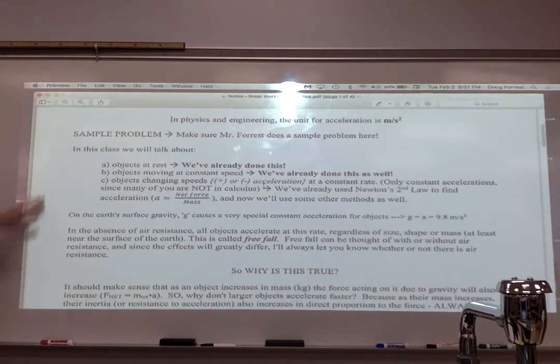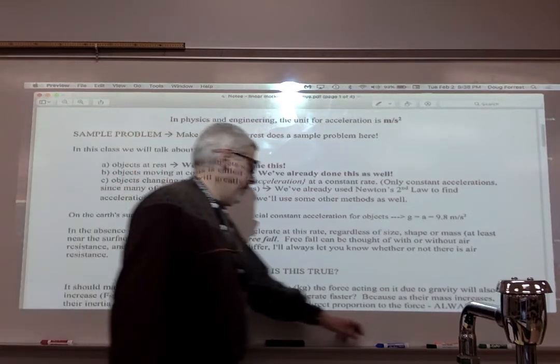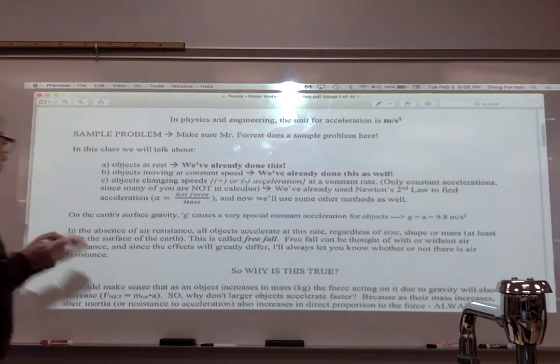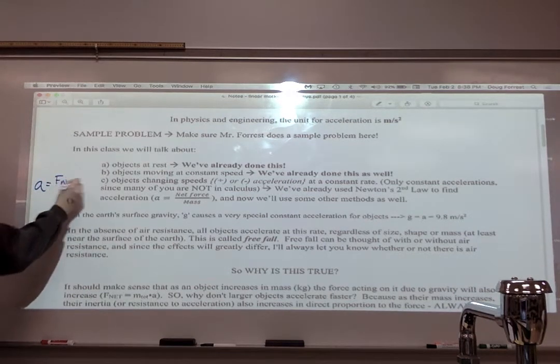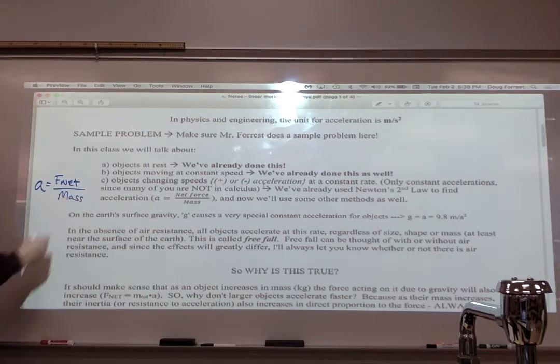We've also already used Newton's second law to figure out acceleration if we know forces and masses. So for example, a equals F net over m total, or total mass, something like that. And we can measure that in newtons per kilogram or meters per second squared.